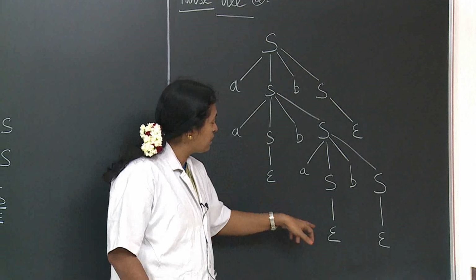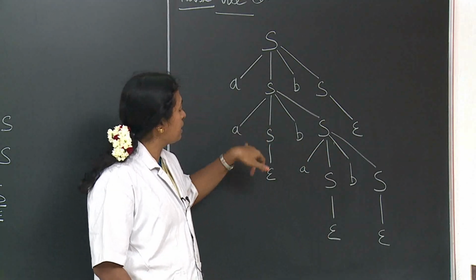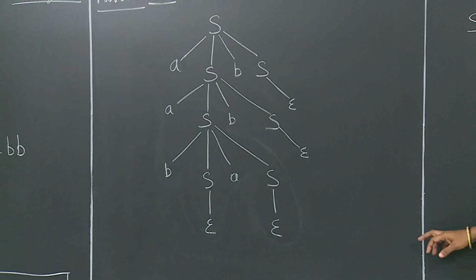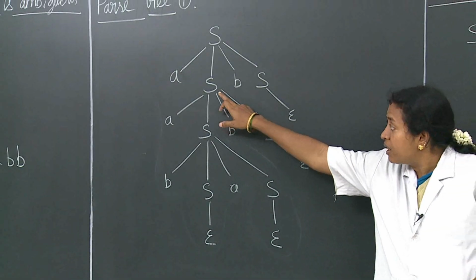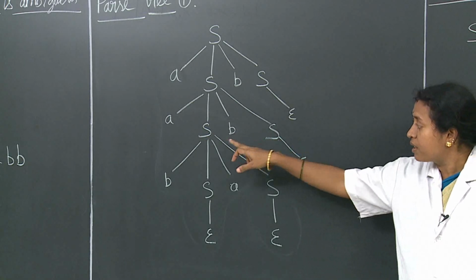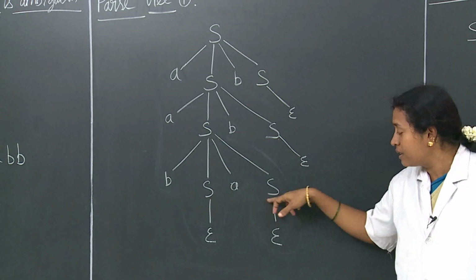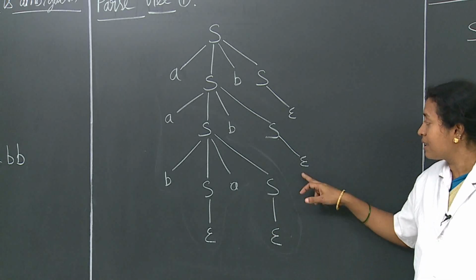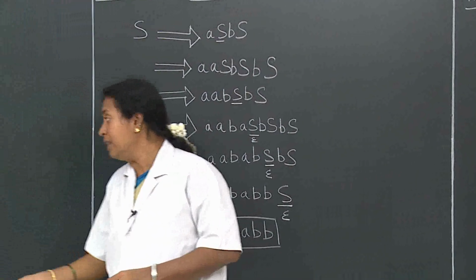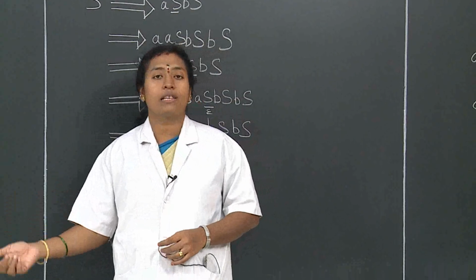Afterwards, each S is replaced by epsilon. We get the corresponding string. Here, if we see, we are replacing this by the first production, instead of this, and we get this, and afterwards we replace with epsilon. So there are two possible parse trees and two possible derivations, hence it is known as an ambiguous grammar.